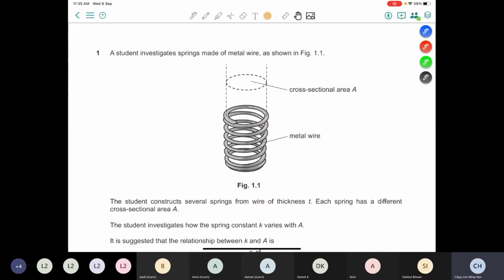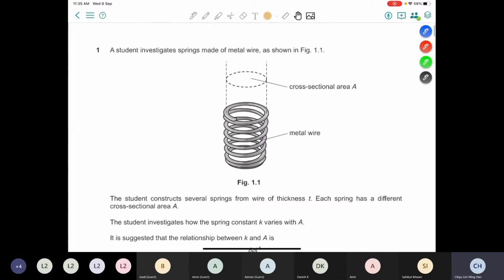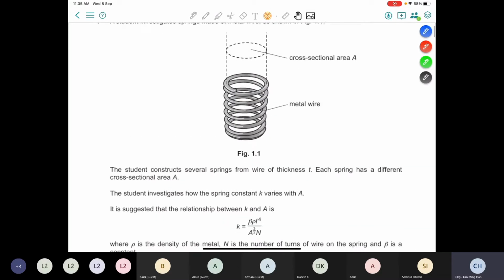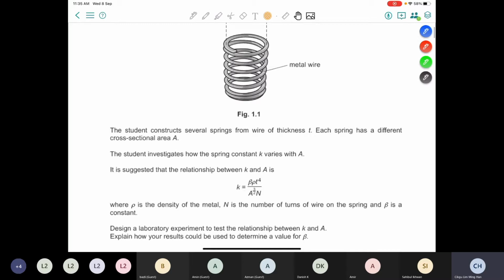All right. Now your pointer for your paper one. Normally I select those questions that have the same format as this one. Your P5 question one will have a similar format.